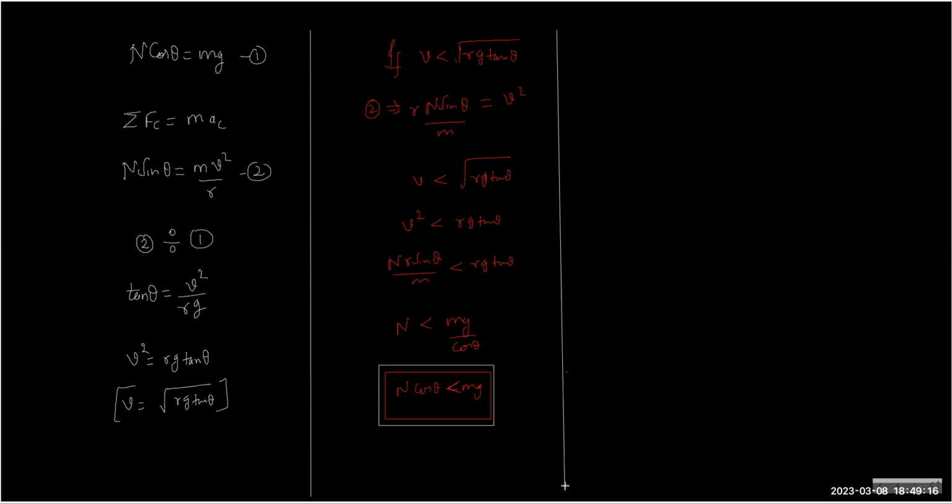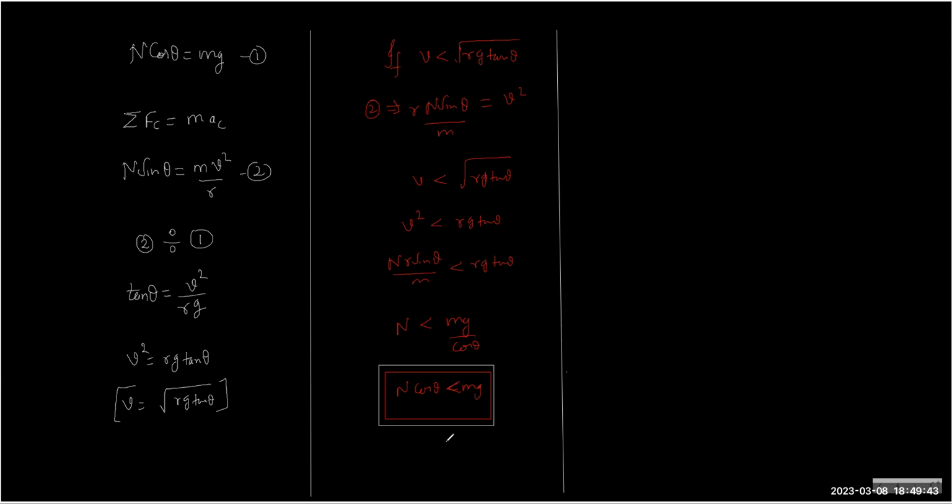The car will start slipping down the plane. Do you realize this? Okay, so which means if I choose to say that V is less than root of RG tan theta, then the N cos theta becomes less than mg. So it will not be sticking to the track, it will start sliding down the track.